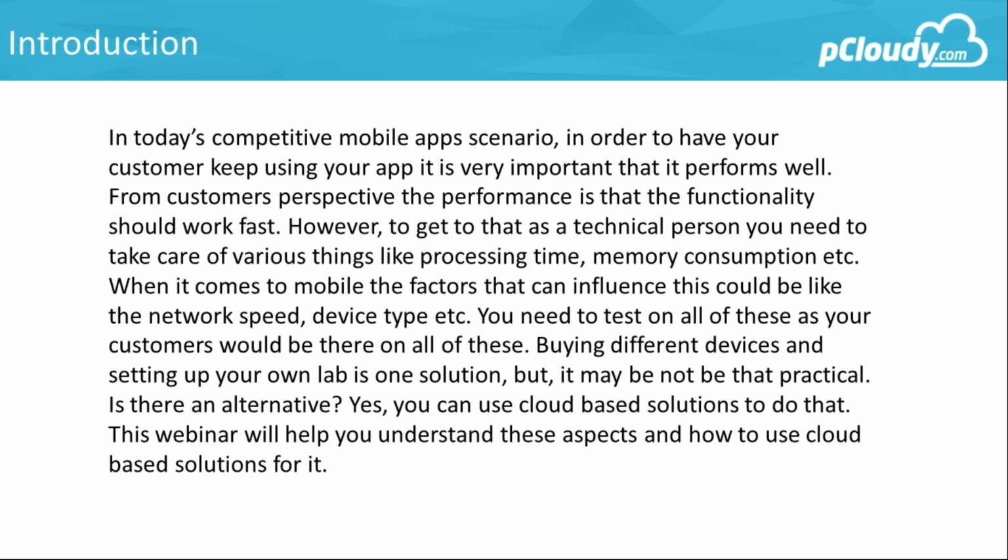So they don't care about the technicalities involved in that. However, for a technical person like you, and I'm assuming most of you on this webinar are technical people, you need to take care of various things. Those things could be the processing time, the memory consumption, and so on.